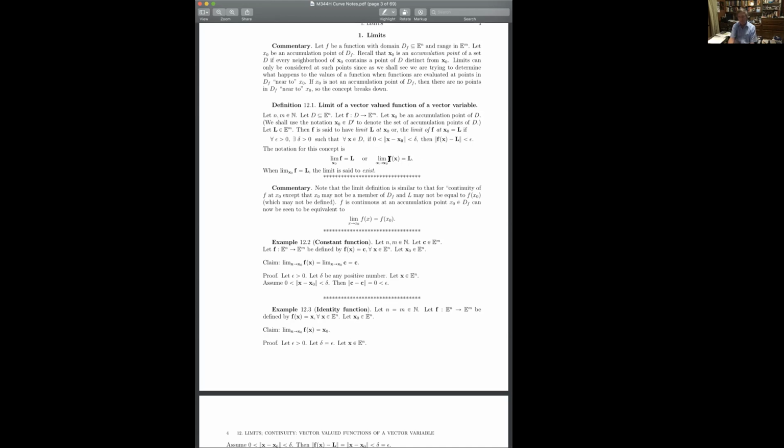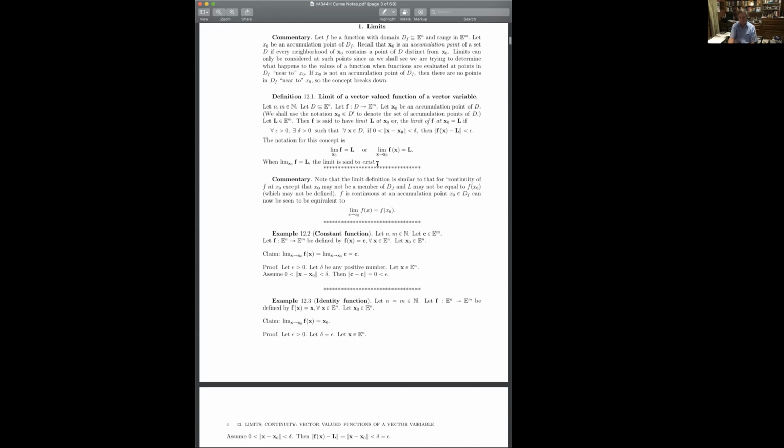Usually the X and the X naught and the F of X and the L are all just normal, like this right here. You don't usually see it bold. I use bold in print to tell you this is not the same as this in Calc 1 or Calc 2. I use a bold F if we're going into multi-dimensions. I use a bold X if we're coming from multi-dimensions. So anyway, this is the definition of limit.